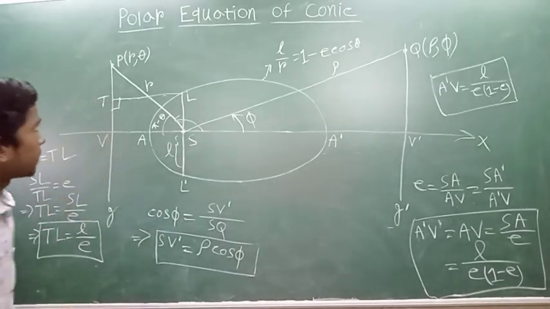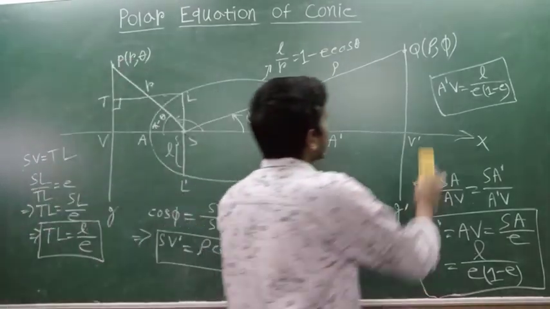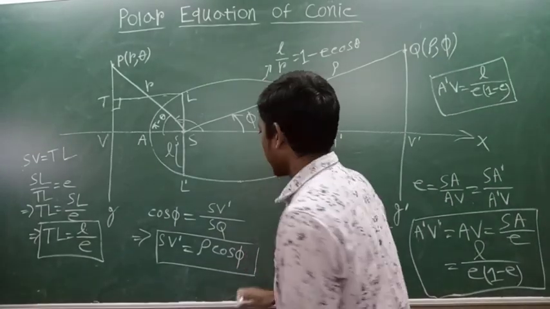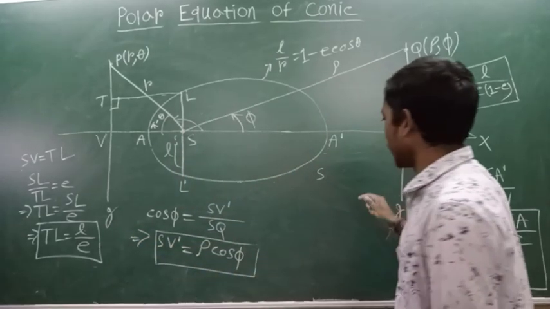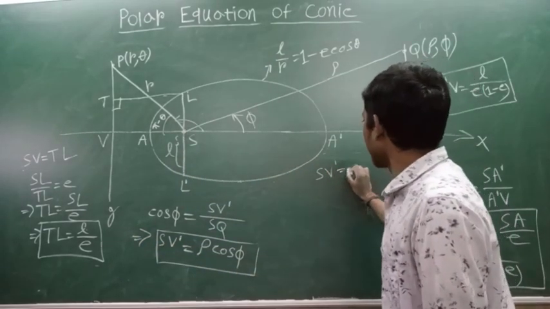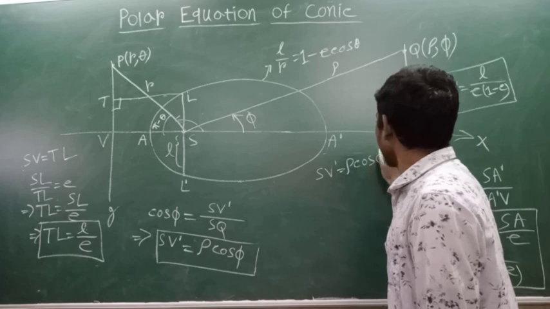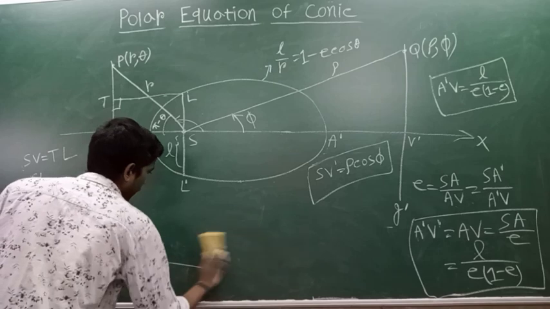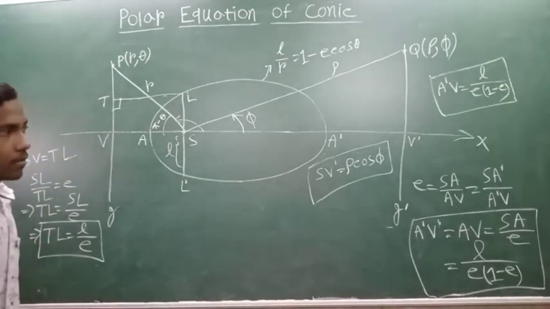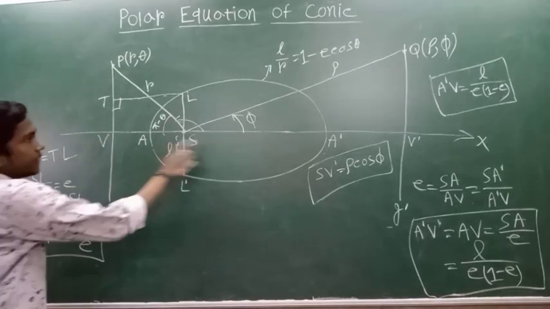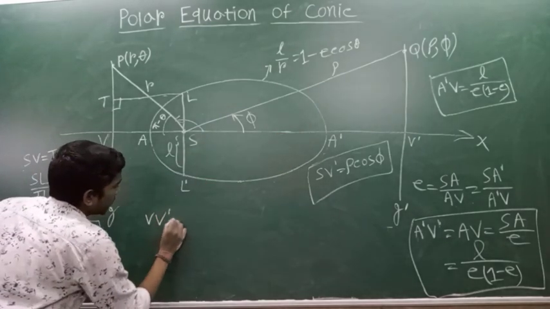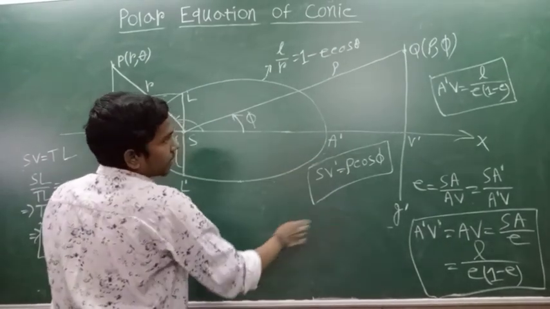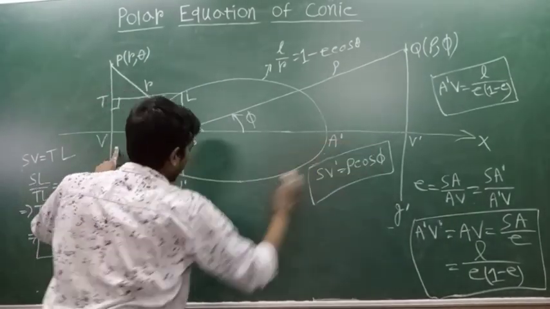Now students, I will not get enough space here, so actually we use this and this latter. So S V dash is equal to rho into cos phi. Now this length V dash is equal to A dash V plus A dash V dash.